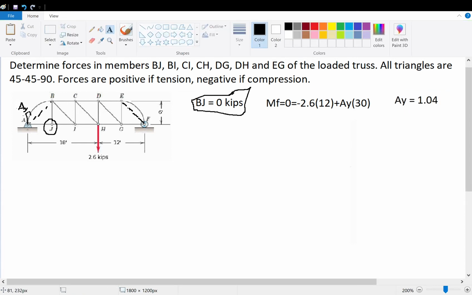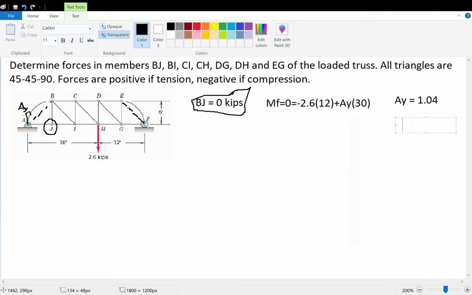Now, you can start at joint A. So AY is going in the positive direction, which means the vertical component of AB has to counteract that in the negative direction. From that, you will know that AB, the y component at least, is going to be negative 1.04, because it'll have to be a compression force going downwards.